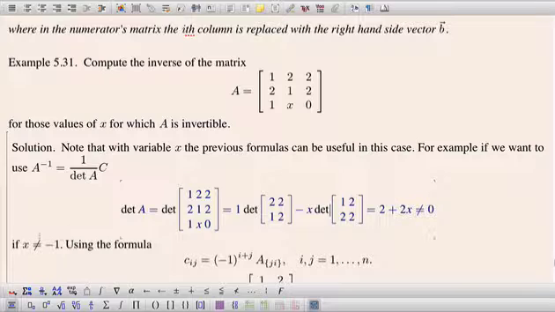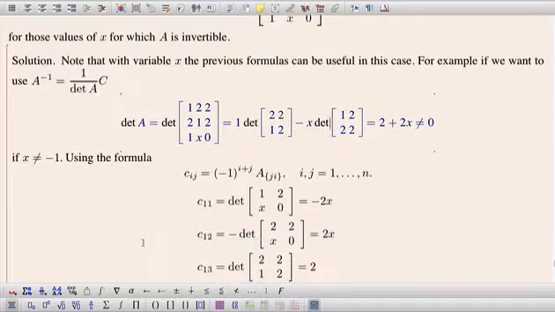That means x shouldn't be negative 1. If x is not negative 1, then the determinant is not 0, which means the inverse exists. Then for these values, we can use the formula where we define this matrix C with the entries C_ij equal to minus 1 to the i plus j times the A_ji minor.